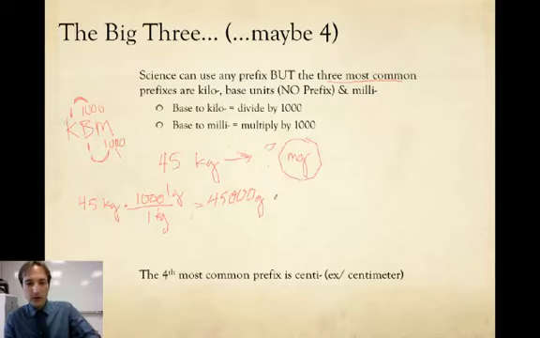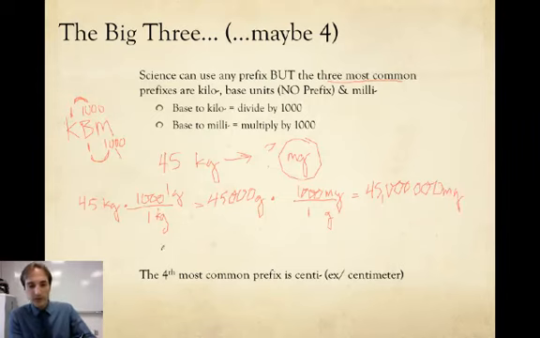So now I'm going to look at this: 1 base unit, 1 gram, is equal to 1,000 milligrams. So 45,000 times 1,000 gives me 45 million milligrams. Don't forget your units.